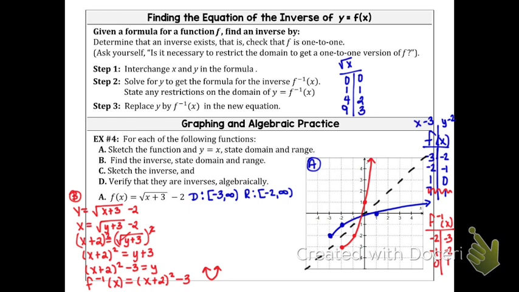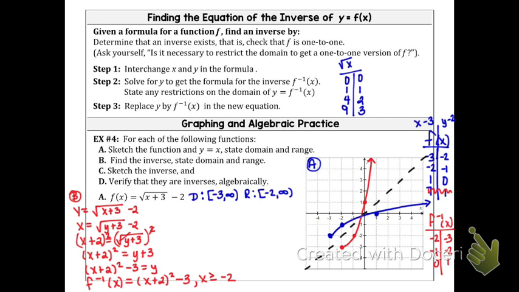Now, notice what x values are we using. We're using -2, -1, 0, and our arrow keeps going to the right. So we're using x's that are greater than or equal to that -2. So when we write out our equation, we put x is greater than or equal to -2. So there is our inverse.